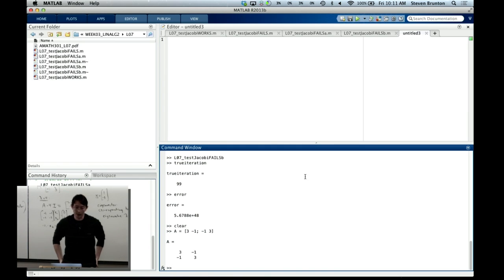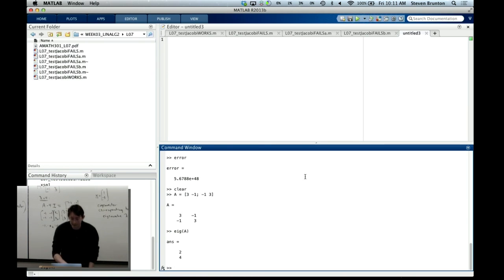Good, that's my A matrix. Now if I say eig of A, it should spit out the eigenvalues of A. Good, and the answer is 2 and 4. Those are my eigenvalues of the matrix A, and that's what I expect.